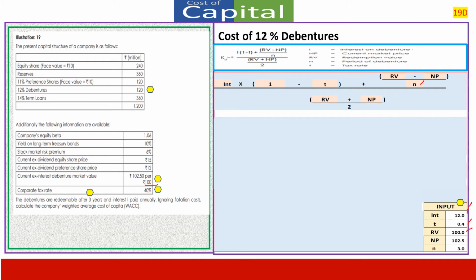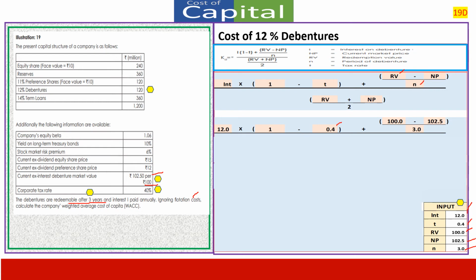Net proceeds is the current market price minus flotation cost. Flotation cost 0, therefore 102.5. And it is redeemable after 3 years. Value is 3. It is just a matter of making the postings into the formula. Interest 12 into 1 minus tax. Tax is 0.4, 1 minus 0.4 plus redemption value is at par 100 minus net proceeds, current price less flotation, 102.5 minus 0. Duration is 3.